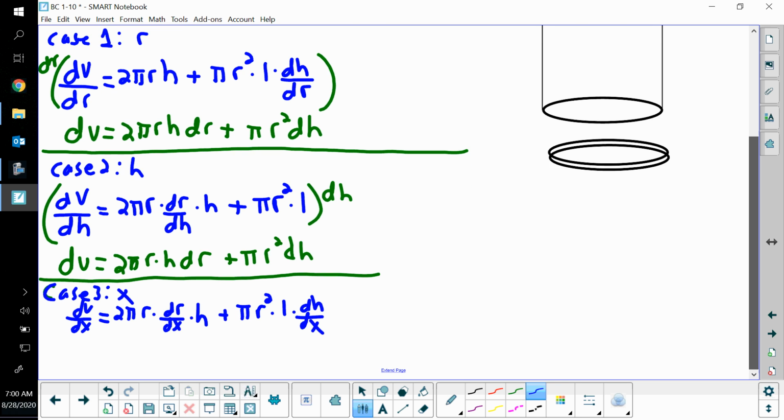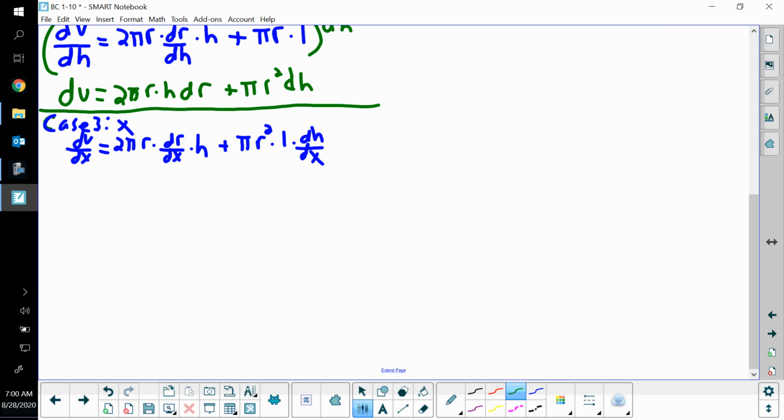Well, now we would just multiply both sides by the dx, giving us dv equals, the dx's divide out, so you have 2 pi r, I'm going to write the h first and then the dr, again just to make it match up. And notice that's identical to all the other ones that we had.